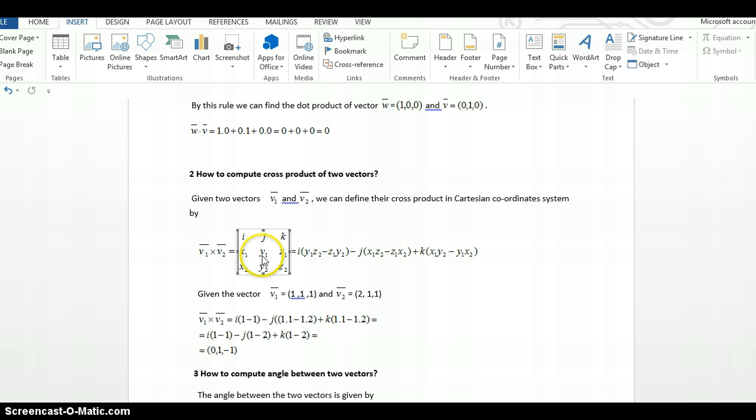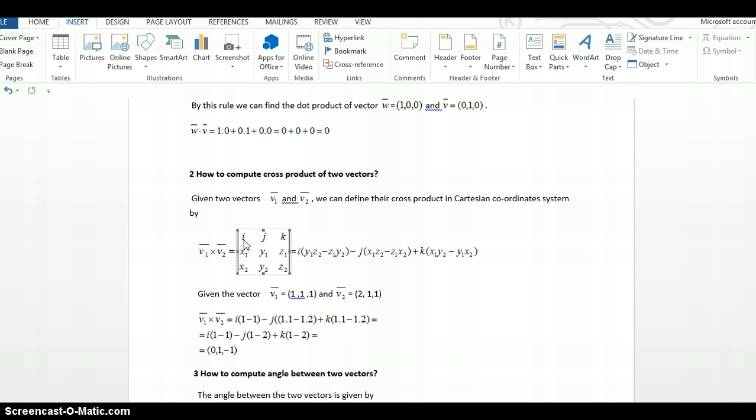Then I do the crossing between y1 and z2 and the crossing between z1 and y2, and take the difference. That is, y1 times z2 minus z1 times y2. If you take the difference, I will then multiply it by i.